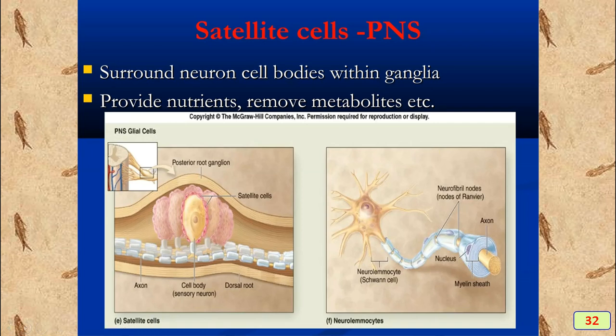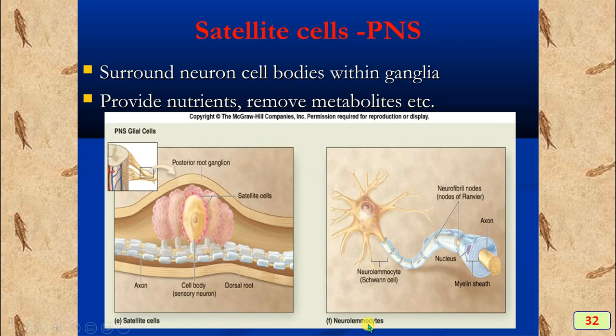Here you can see the satellite cells surround the neuron cell bodies within the glia. Glial cells always contain the cell body and axon. This is called the dorsal root, present in the spinal cord, and this is called the dorsal root ganglia.